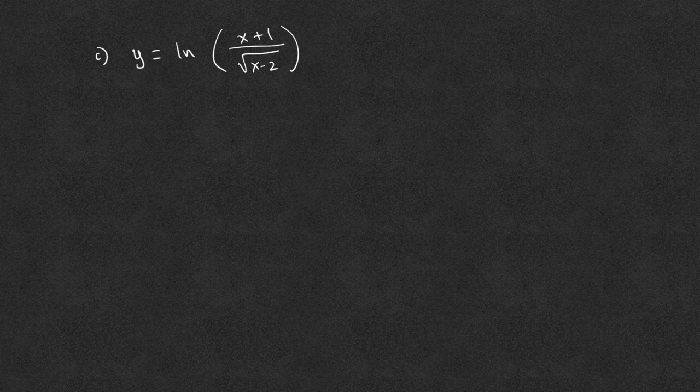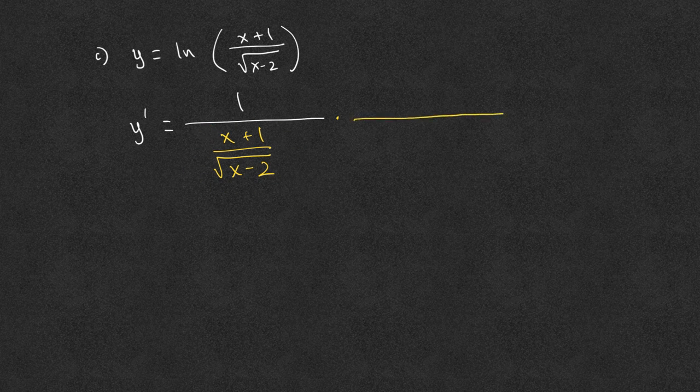The outer function is ln, and so y prime is 1 over the inside function of ln, which is x plus 1 over the square root of x minus 2. And then we would multiply the derivative of this inner function, which is a quotient. So we will square the denominator, the square root of x minus 2 squared.